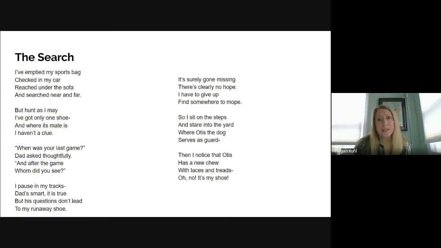It's surely gone missing. There's clearly no hope. I have to give up, find somewhere to mope. So I sit on the steps and stare into the yard, where Otis the dog serves as guard. Then I notice that Otis has a new chew, with laces and treads. Oh no, it's my shoe.